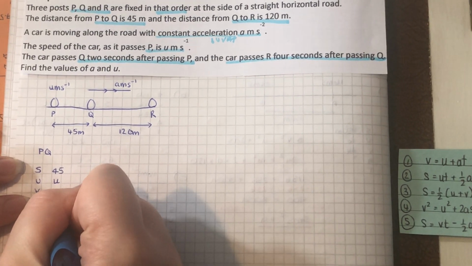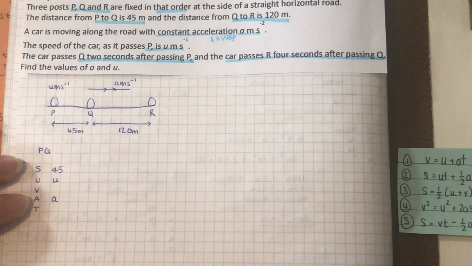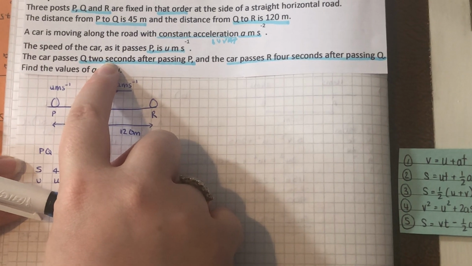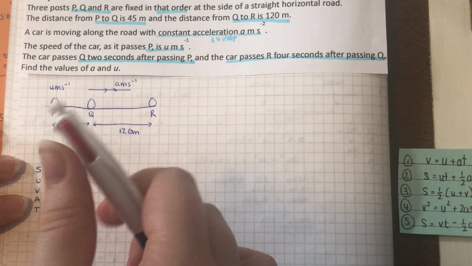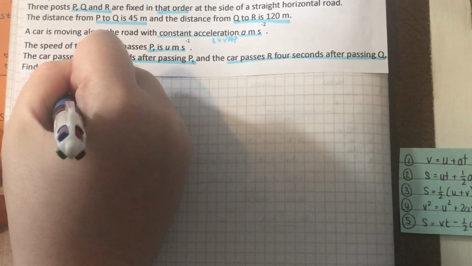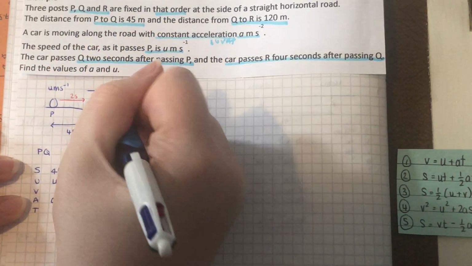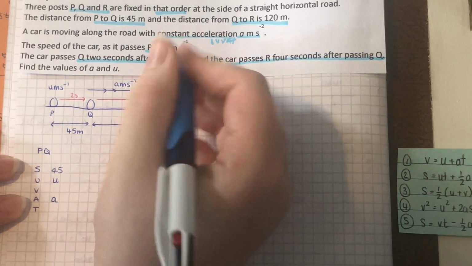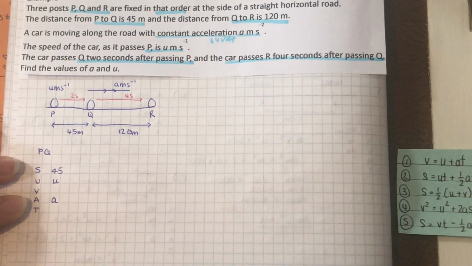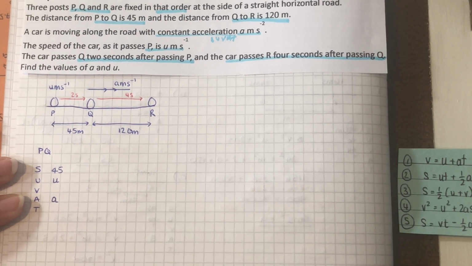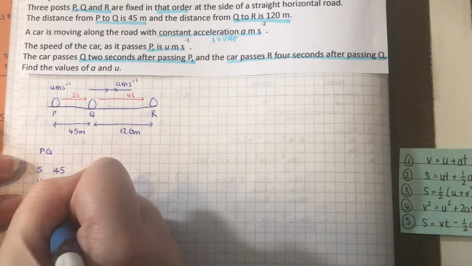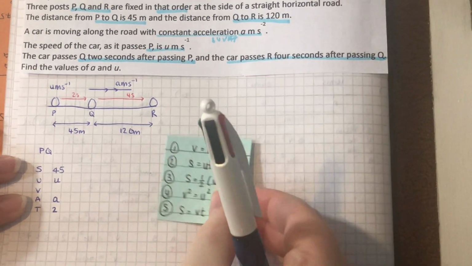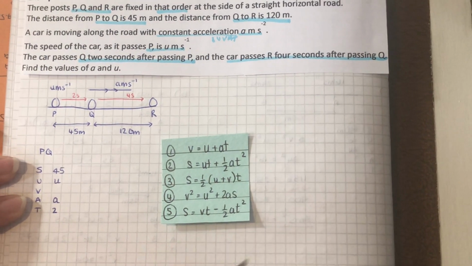The acceleration we know is A, and we're told that the time is 2 seconds from P to Q. I'm just going to add that on here in a different colour. So from there to there it's 2 seconds, from there to there it was 4 seconds. So add 2 there.